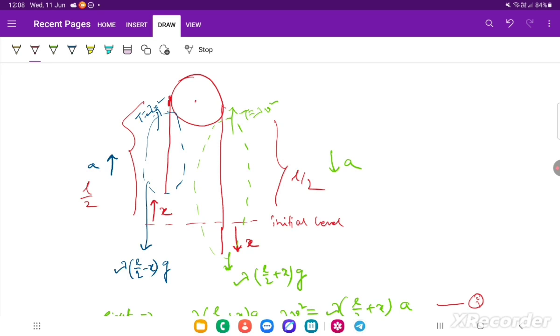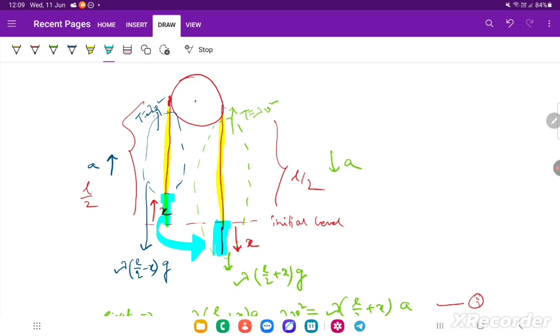So all the parts of the rope are fixed, I would say, except this one. Because this part was previously there, this L by 2 length, and there was an L by 2 length here. Now we can assume that this part of length has been substituted here.